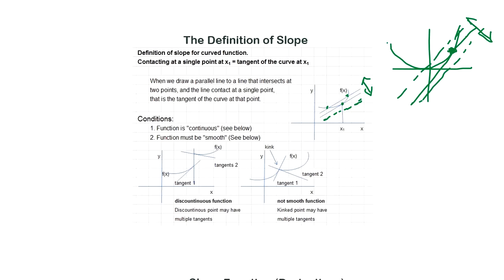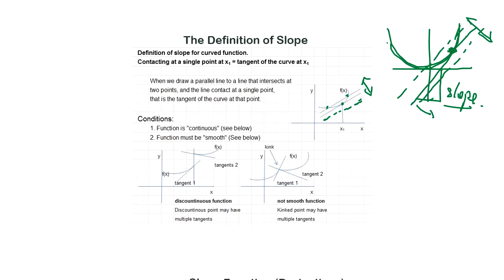Okay, what does it mean? This is single point contact. The linear equation of this has a slope. So we define the slope of this curve by the line that is contacting at the single point.